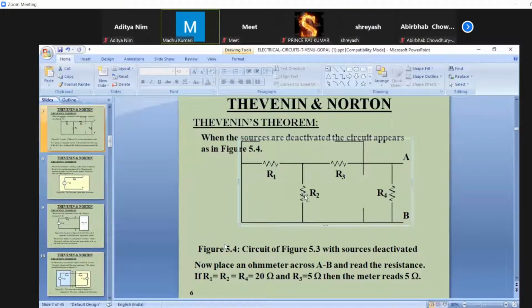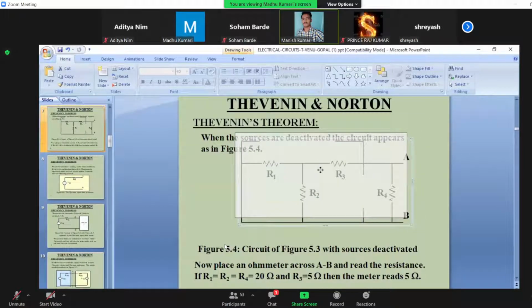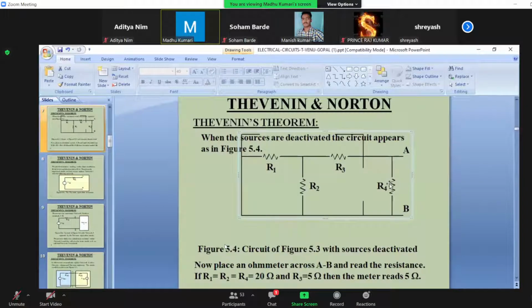Is it okay? Yes, ma'am. Then R3 will be in series with that R1 and R2 combination, and this combination will be in parallel with R4. So the equivalent resistance of this network will be R1 parallel R2, in series with R3, and in parallel with R4. That will be R Thevenin.